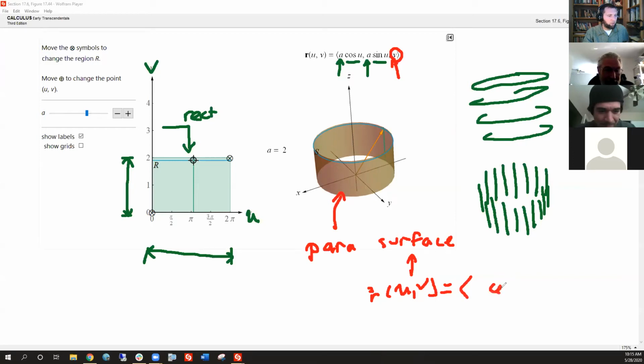So we have our cosine U and our sine U. So this gives me the circleness in the XY plane. I want to be able to adjust my radius, so I could put an A out front. That'll adjust the radius. We're not going to choose R because we already have an R in the question.